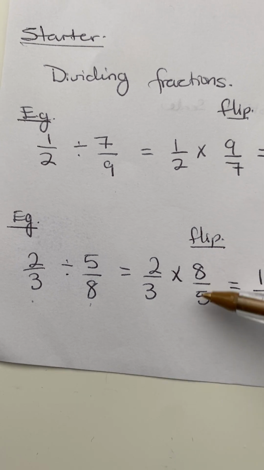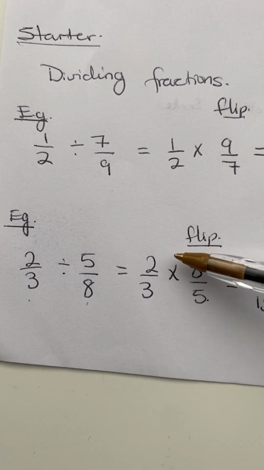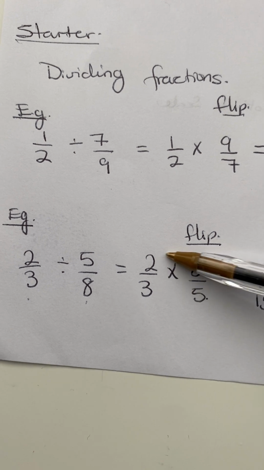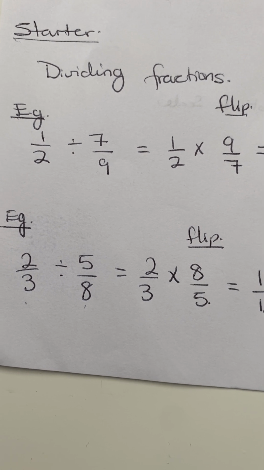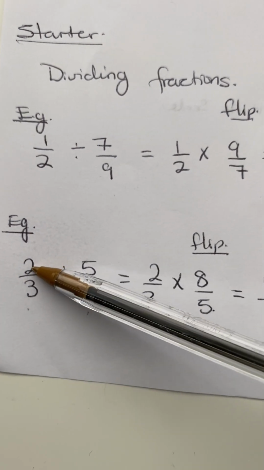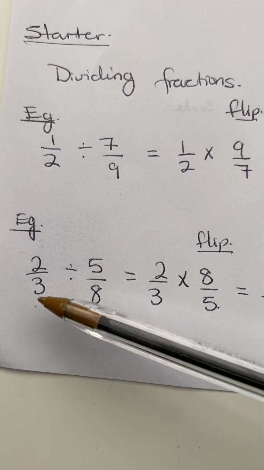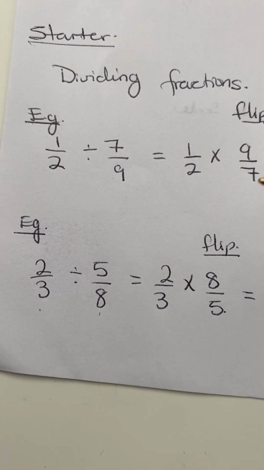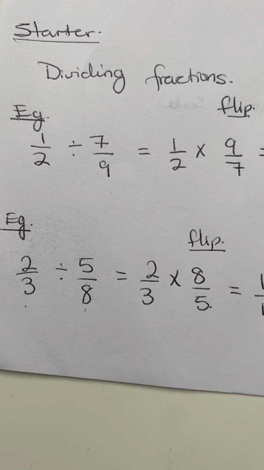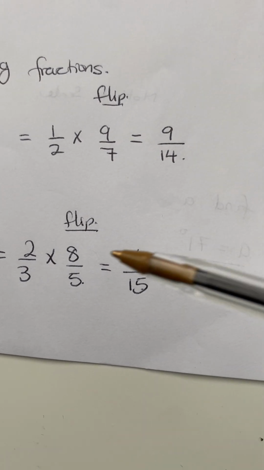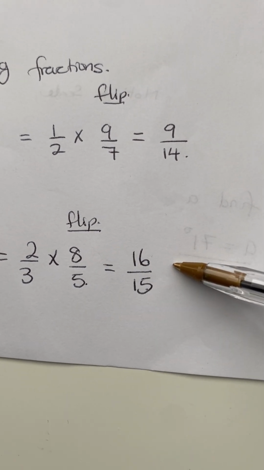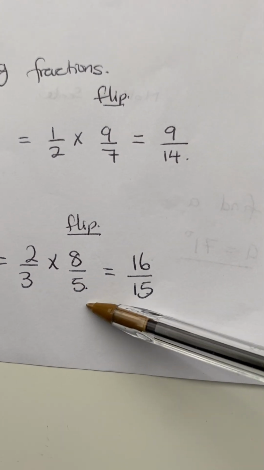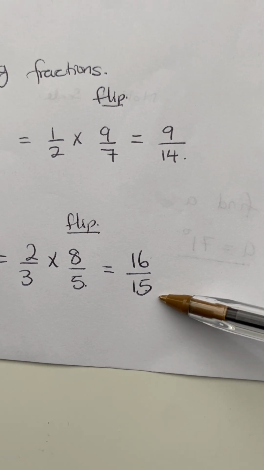Without flipping and multiplying, we can't multiply. We can't do 2 divided by 5 and 3 divided by 8. That's not how we do fractions. So now 2 times 8 is 16, 3 times 5 is 15.